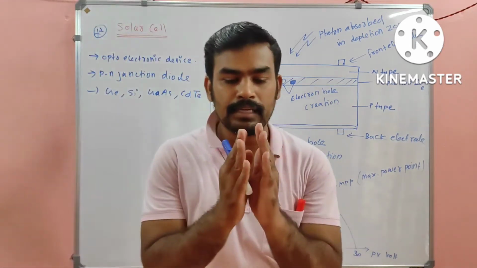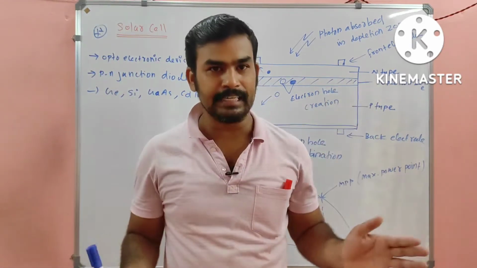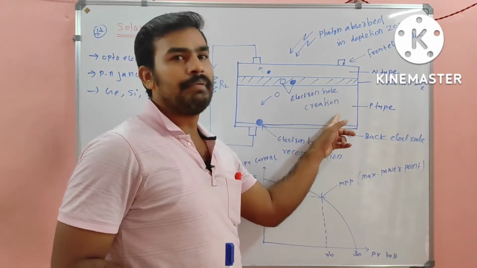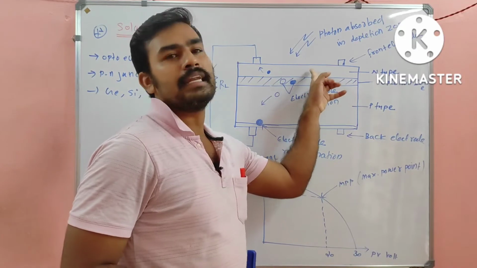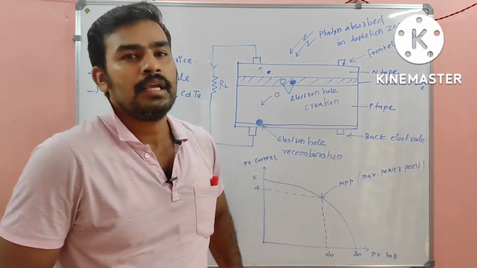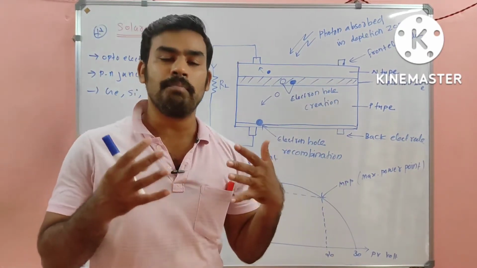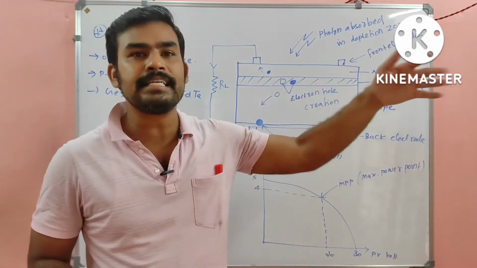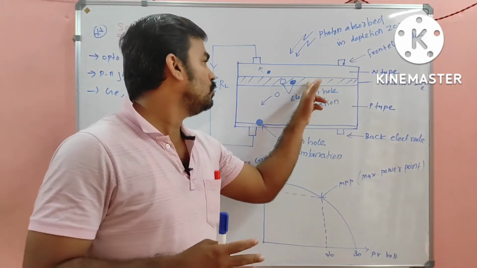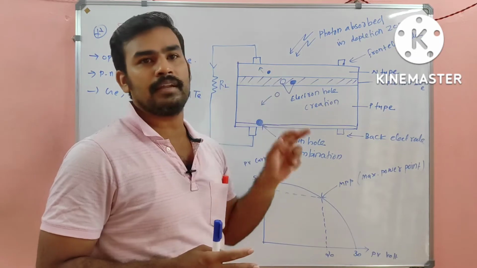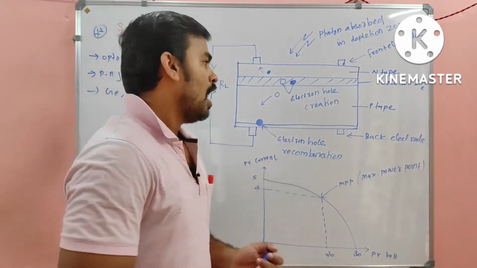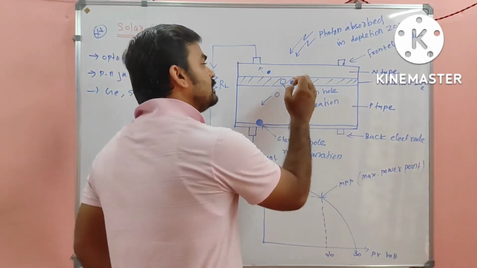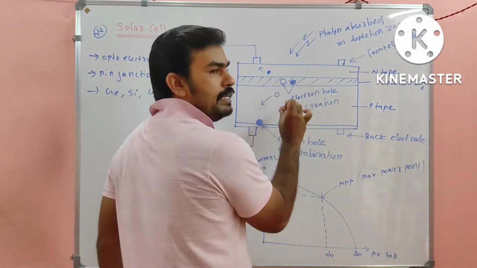Because whenever electrons and holes are generated, the electron will not go to the P region directly inside the cell, and the holes will not go directly to the N region. Because of the potential barrier, the electrons and holes are not allowed to cross. How can we combine this electron and holes in the P region?